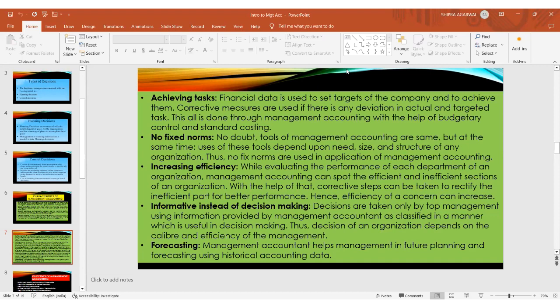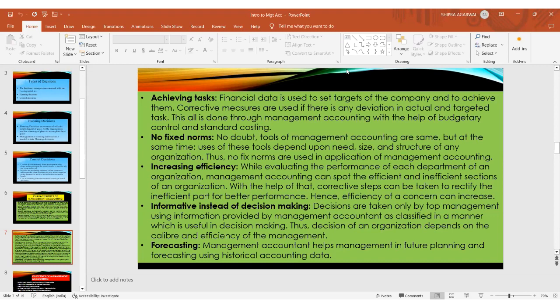Because before taking the corrective actions, they evaluate the performance, that means they measure the performance, then they compare it with the standards, then they look for the deviations, and then further, they tell you the corrective steps to be taken.